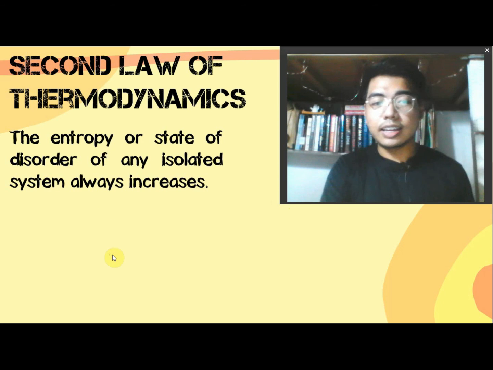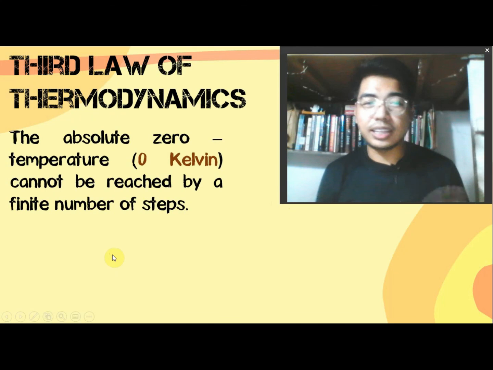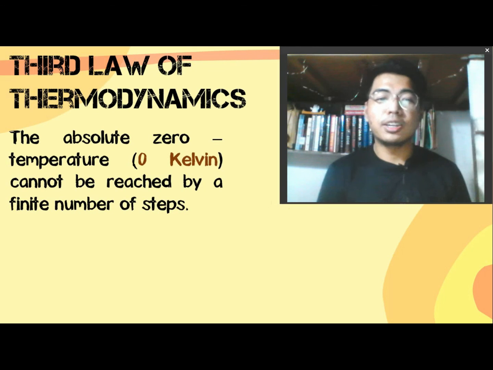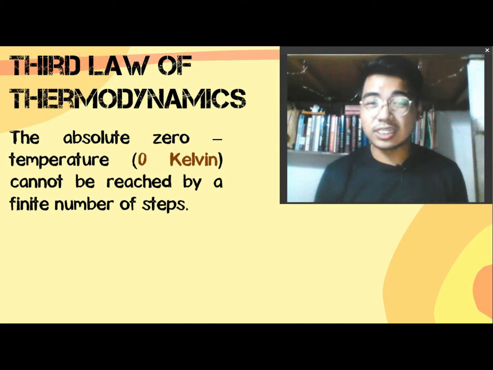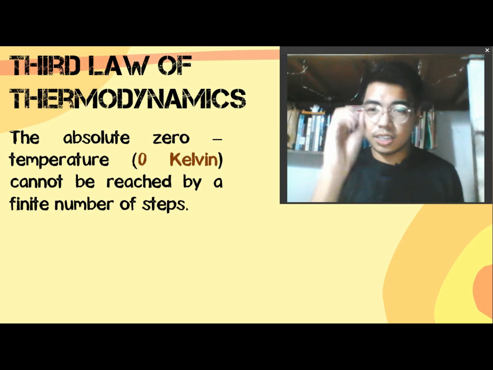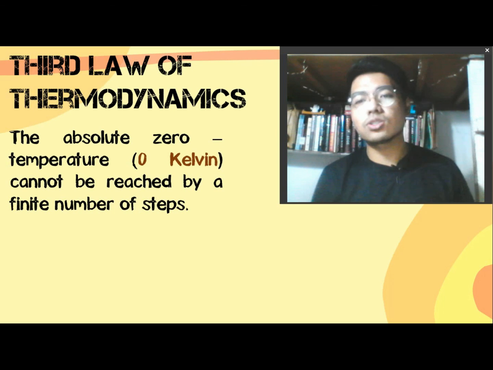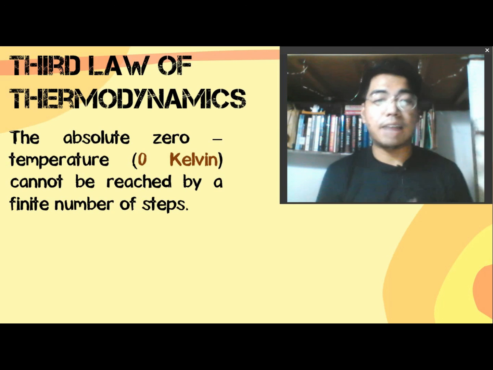And lastly, the last law of thermodynamics is the concept of absolute zero, in which absolute zero or 0 Kelvin cannot be reached by a finite number of steps. So basically, 0 Kelvin is just considered a theoretical value.